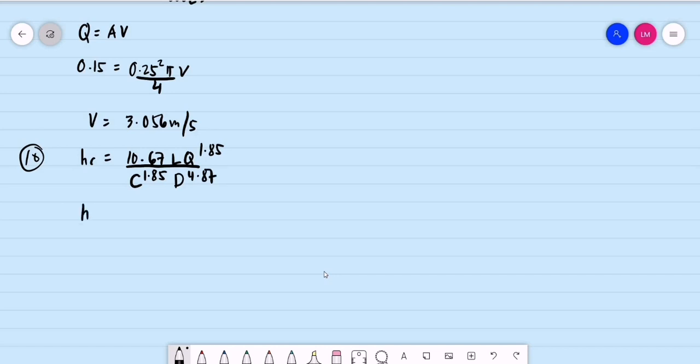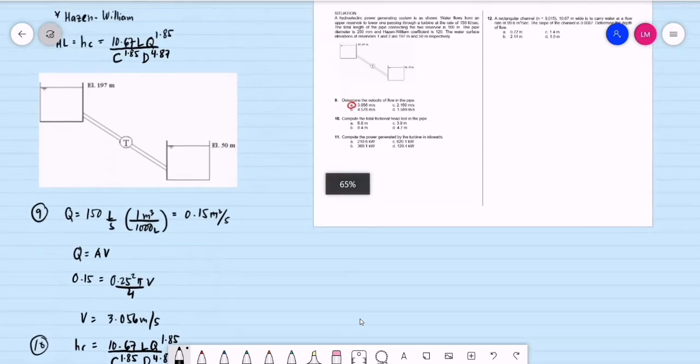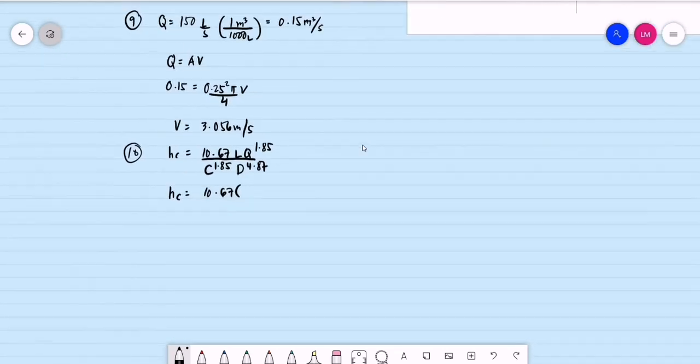So we'll have the head loss due to friction equal to 10.67, substitution. What is the total length of the pipe? The length of the pipe is 100 meters. The discharge is given as 0.15 cubic meter per second, all over the pipe constant 120 raised to 1.85. The pipe diameter is 250 mm or 0.25 meter, raised to 4.87.